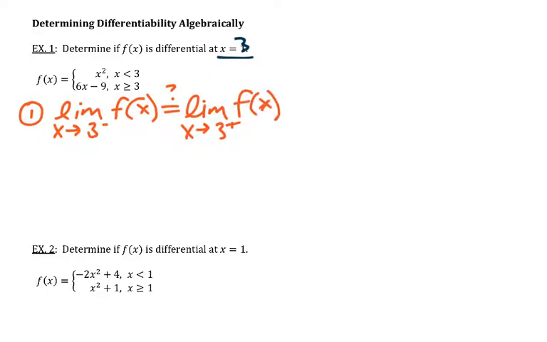That would guarantee continuity because f of 3 would exist. It's part of this piece on the right, and it would be equal to the overall limit here if these two parts are equal.